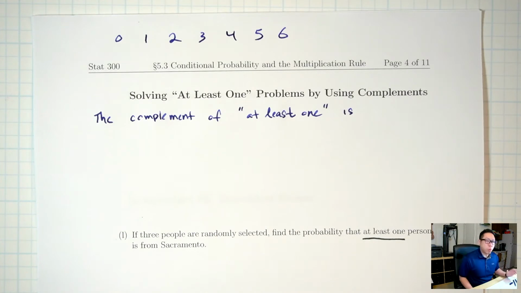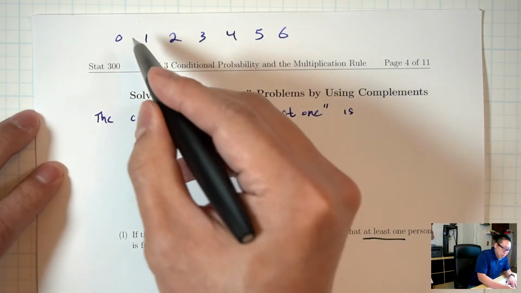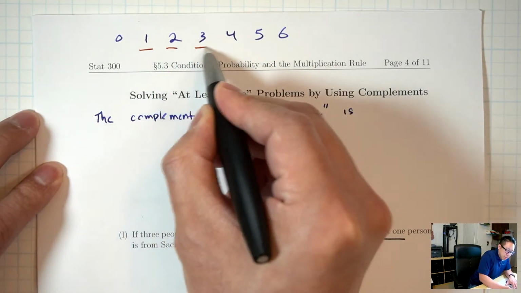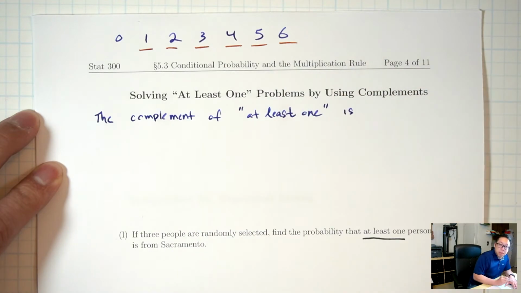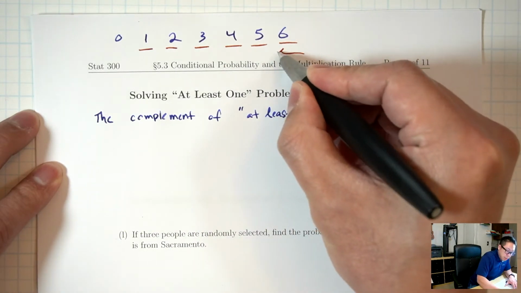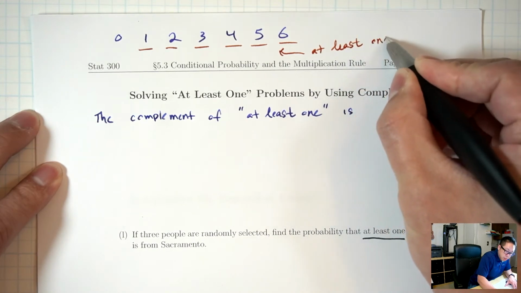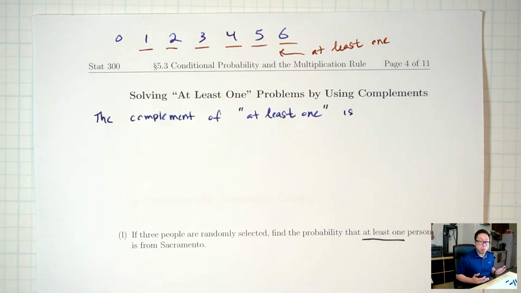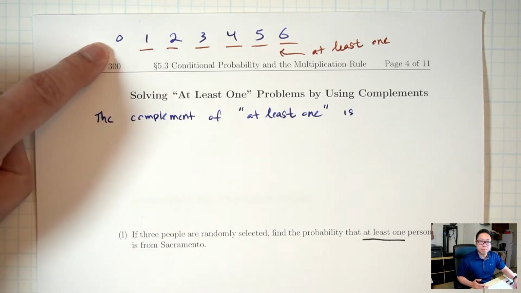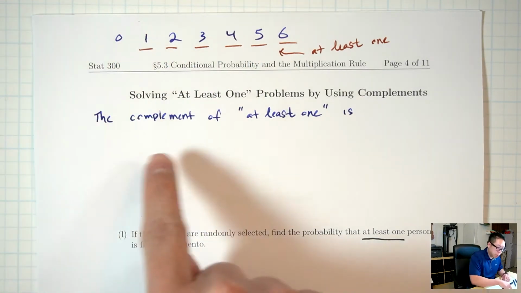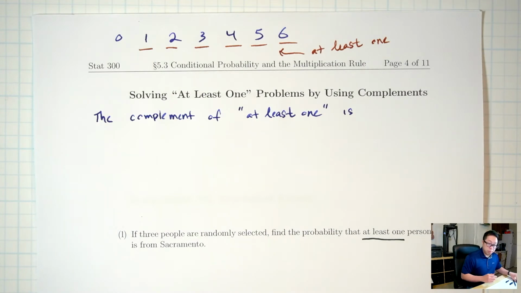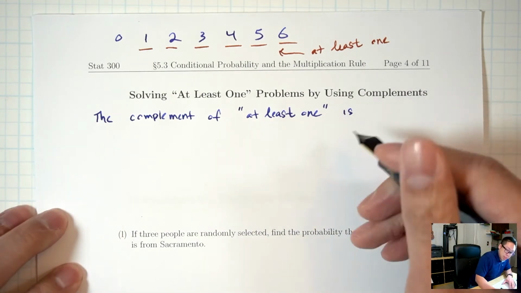Which of those numbers would qualify as at least 1? Well, at least 1 means 1 or more, right? So that counts, that counts, that counts, that counts, that counts, that counts. So all of those numbers count as at least 1. So which of those numbers is not at least 1? 0, right? So the complement of at least 1 is 0 or none. So I'm going to write none here.